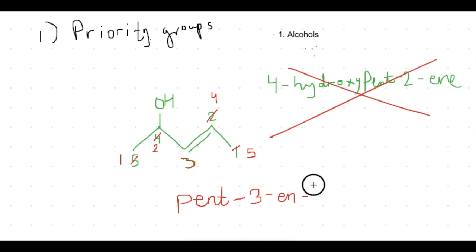And the alcohol group is on a 2. When we name alcohols, we put OL at the end and a number before the OL to indicate where the alcohol group is actually placed. Before the ene, we place the number of the double bond to show where the double bond is placed, and then we have the name of the main chain. So it would be pent 3-ene 2-ol.